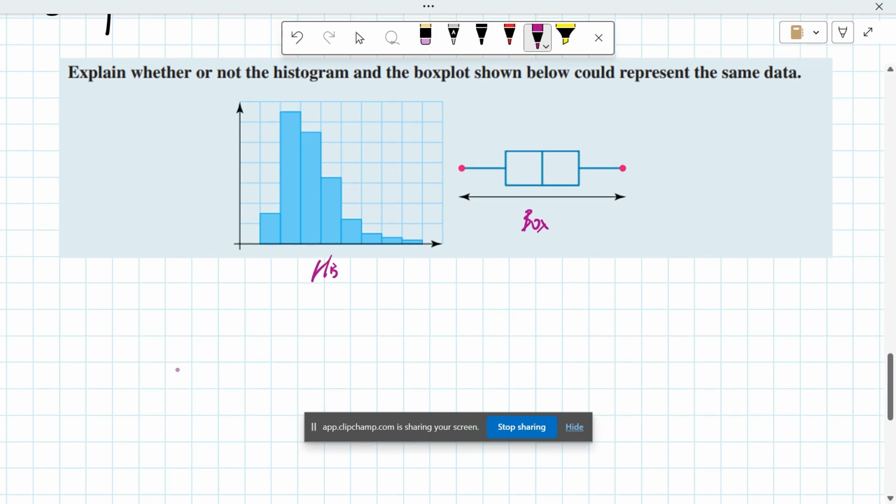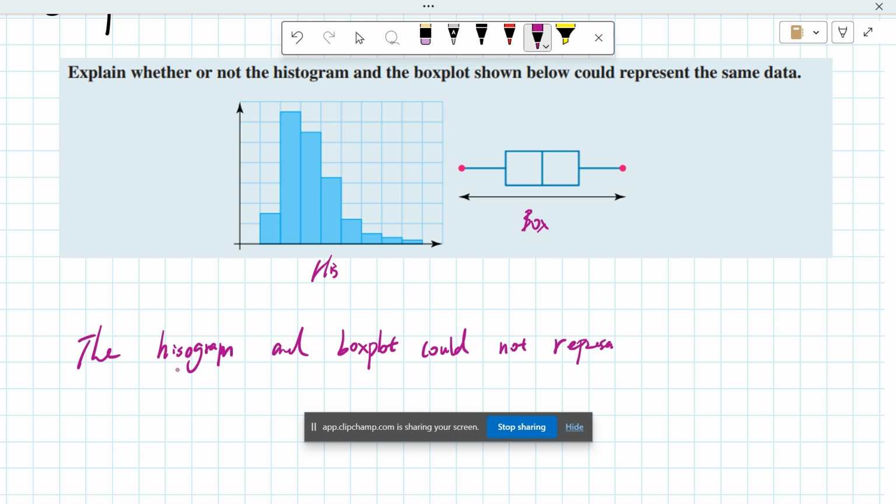So we can see the histogram and the box plot represent the same data.